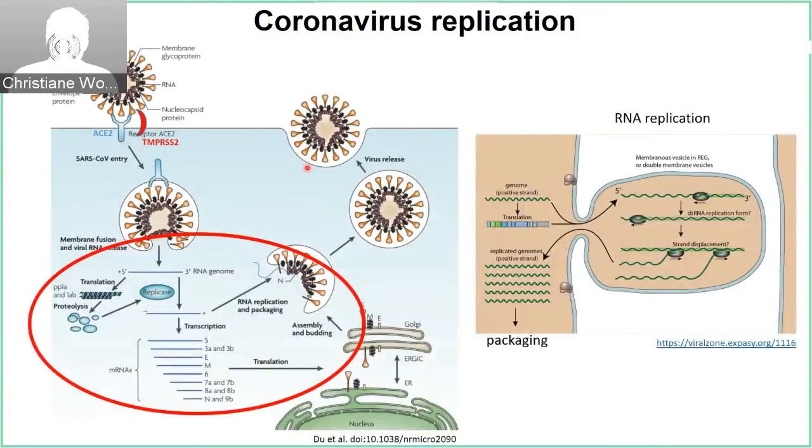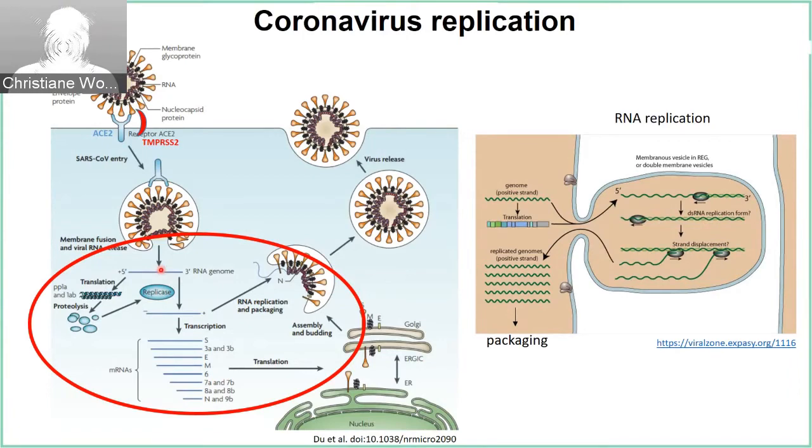Okay, so just to recap, entry of the virus requires binding of S to its receptor, and then a proteolytic cleavage event that then allows for fusion of the viral membrane with the host cell membrane to release the genome into the cytosol.